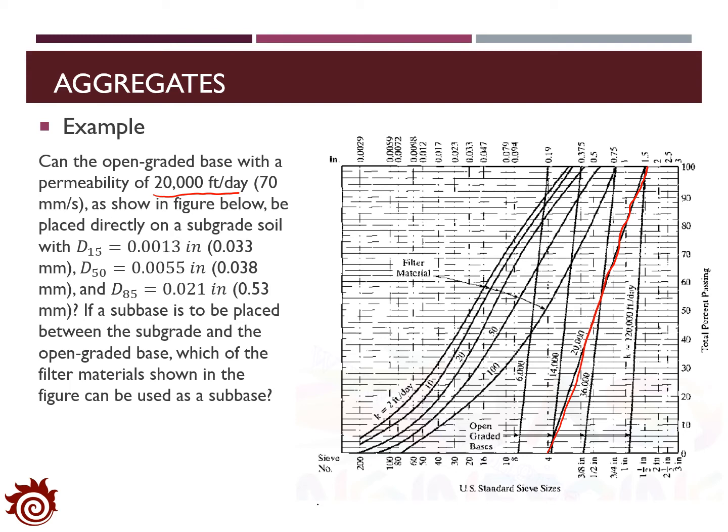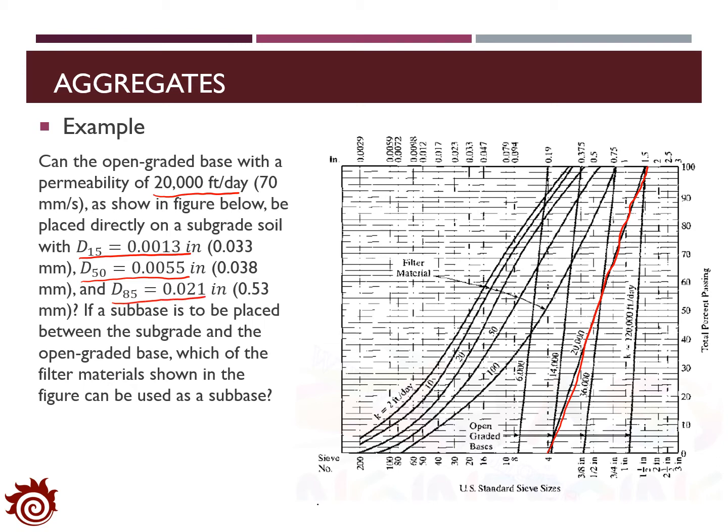We want to check whether it's appropriate to place this base directly on the subgrade soil with a D15 of 0.0013 inches, D50 of 0.0055 inches, and D85 of 0.021 inches.